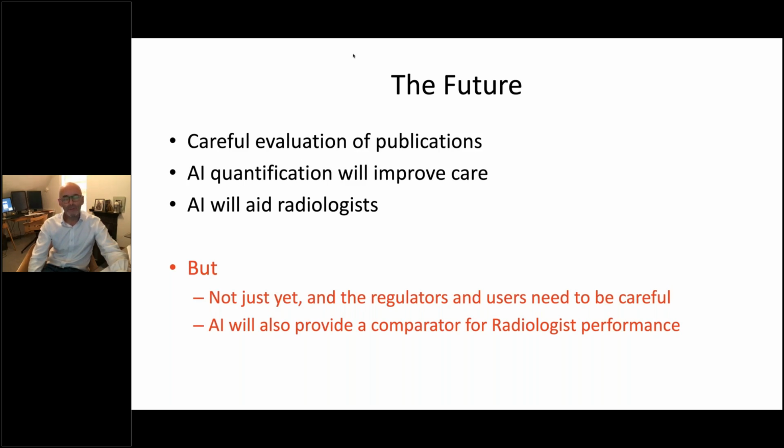I'm absolutely certain that algorithms will improve quantification, i.e. measurements, and that will improve care because we'll detect changes sooner, given the fact that we need to be wary of how the images are reconstructed and on what platforms they're produced. I'm sure that it'll aid radiologists and others in the future, but not just yet. The regulators and the users who use it need to be very careful.